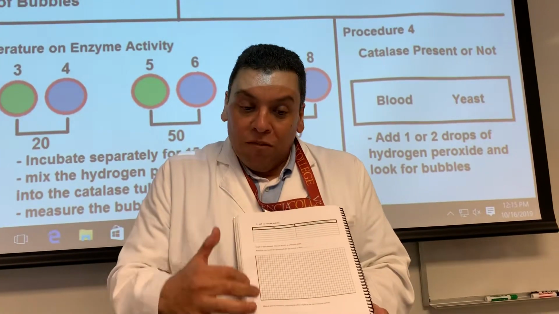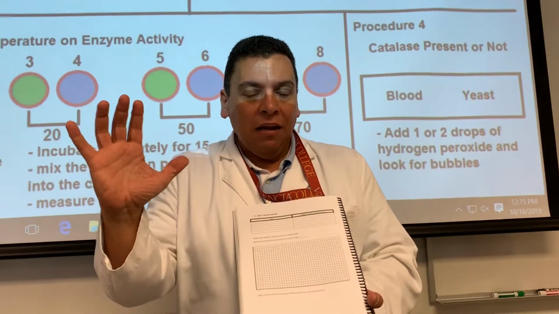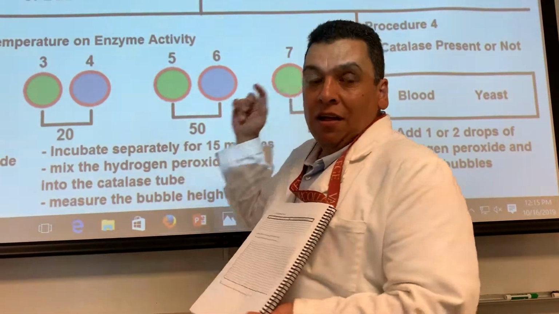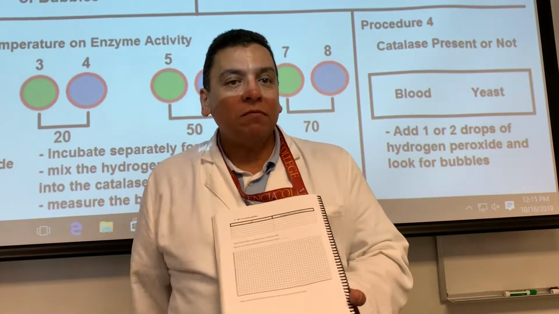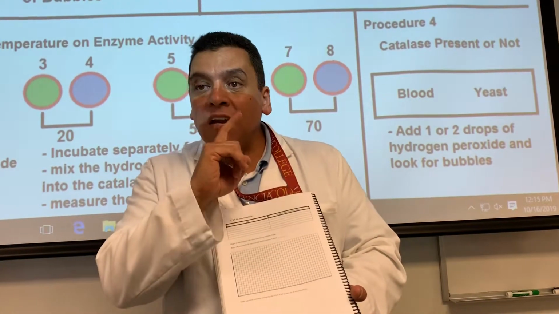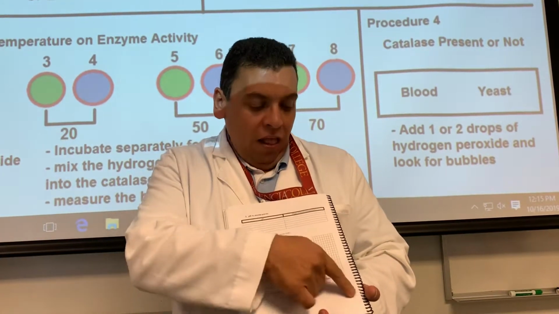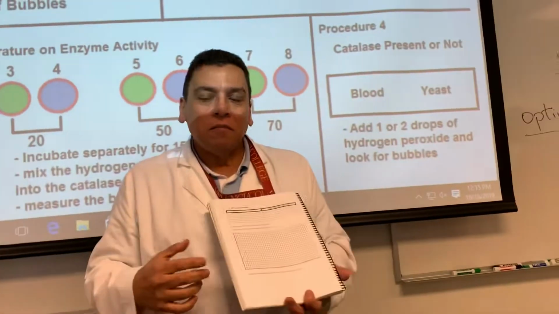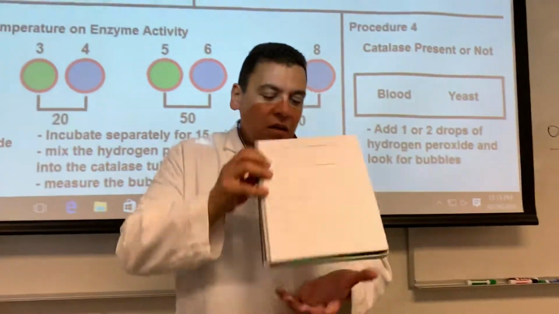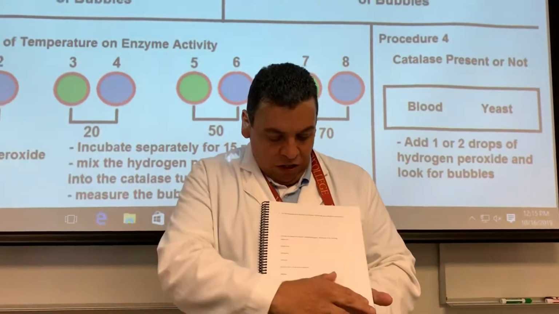If you want to label it from 0 to 14, I'm happy with that. But the highest was 11. So the bare minimum is 0 to 12, but no more than 14. If you put 15 on your scale, I will mark the whole thing wrong because there's no such thing. Make a statement, please. You need to answer all of these questions here.